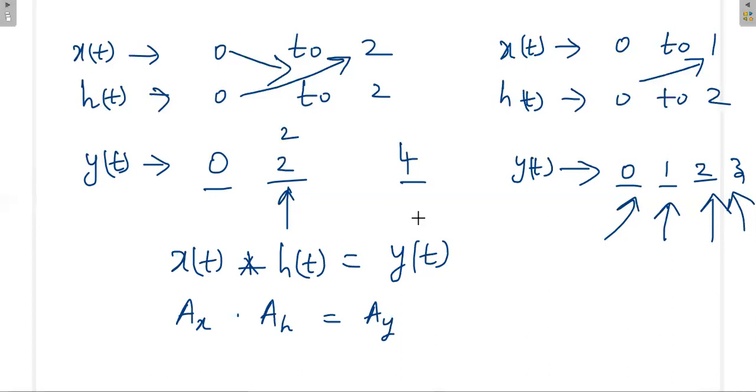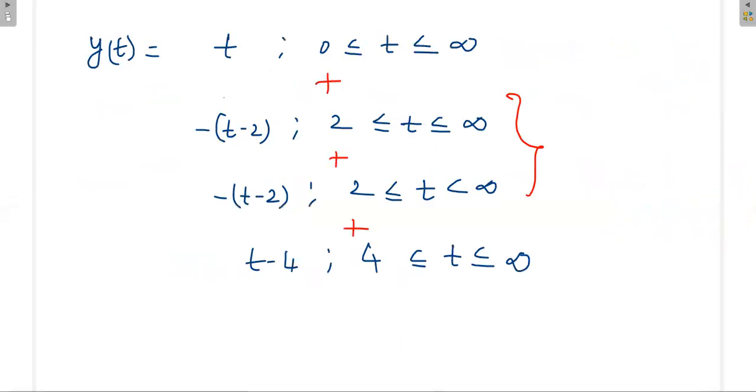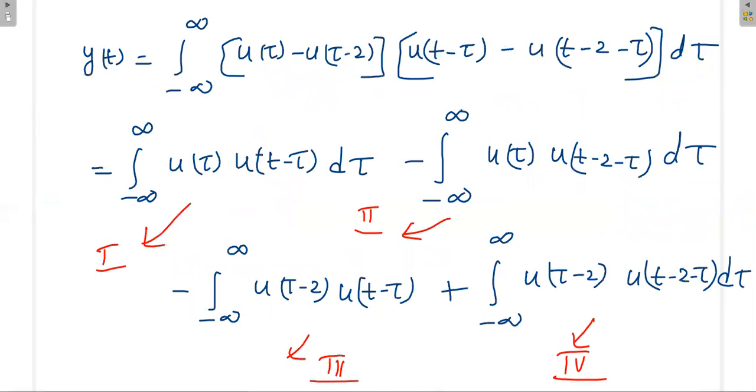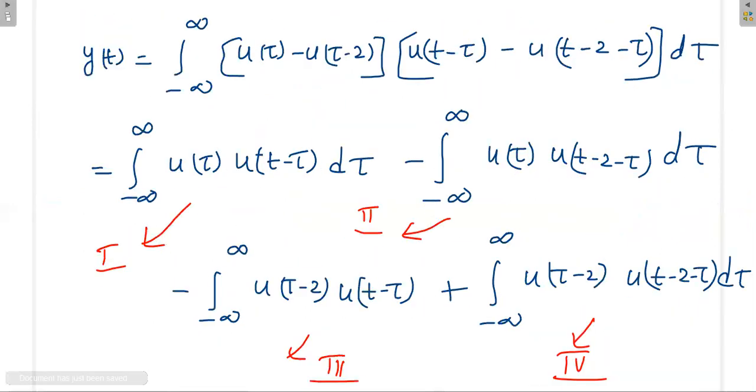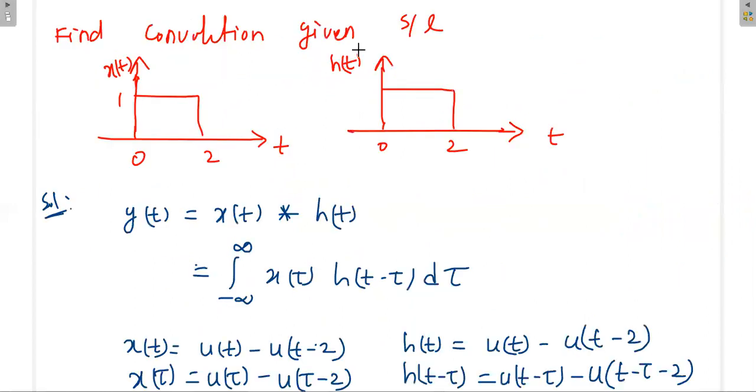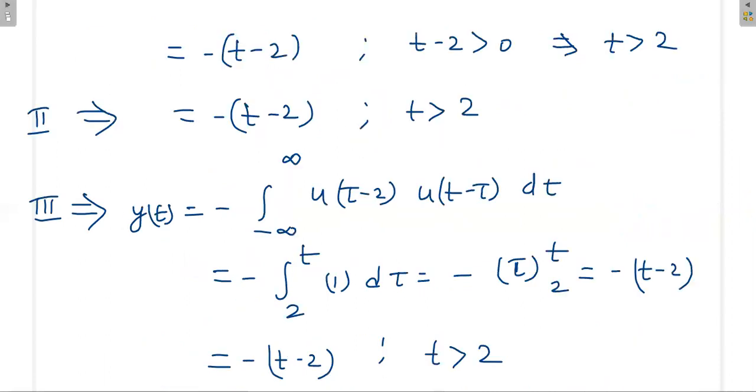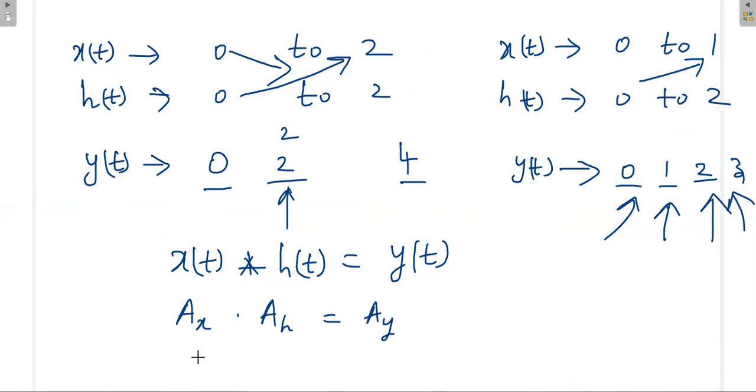Then in our example, what is the area? Because it is a finite duration signal, we can easily identify the area without any difficulty. What is the area of this signal? 2 into 1. What is the area of this signal? 2 into 1. So the area is 2 into 2. It has to be 4.